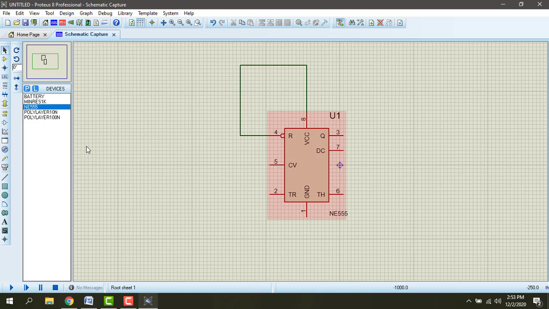Then I am going to connect a resistance R1 in between, rotate பண்றதுக்கு plus key. Pin number 8 and 7 I'm going to connect resistance R1, and in between 7 and 6 connect another resistance R2.